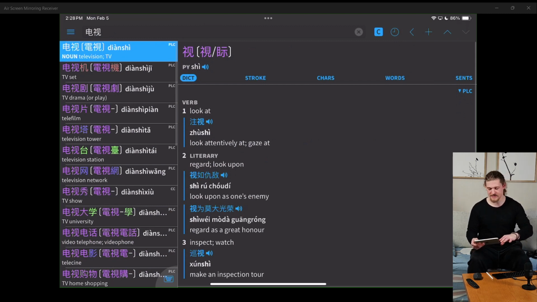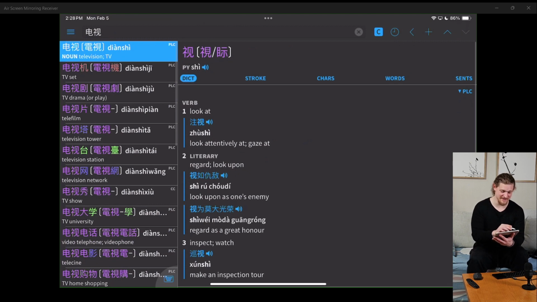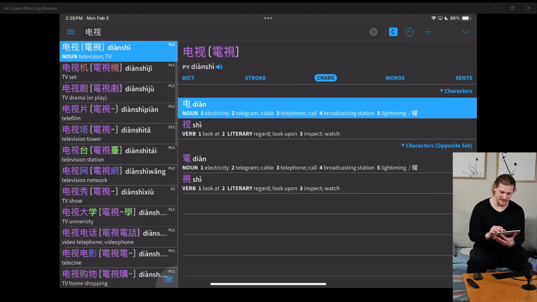So this one is another verb for looking at something. Maybe it's a verb to describe something that is to be looked at. So 电视 is an electronic that you look at. Interesting. Let's go back to this first one.